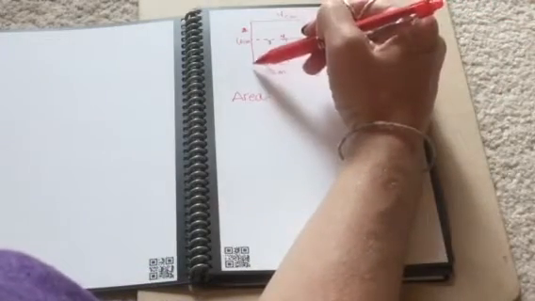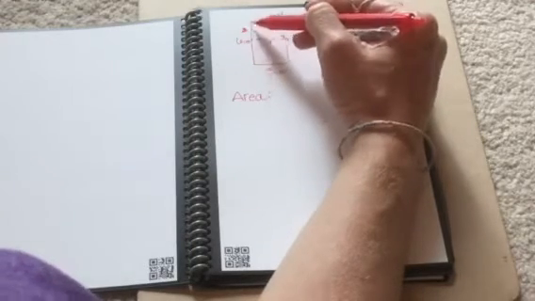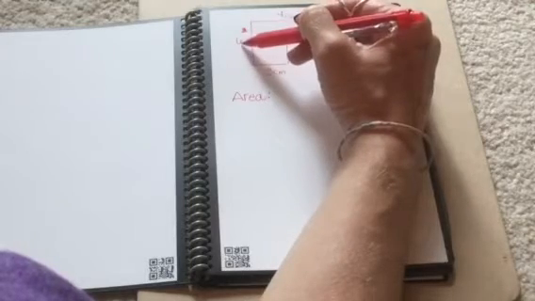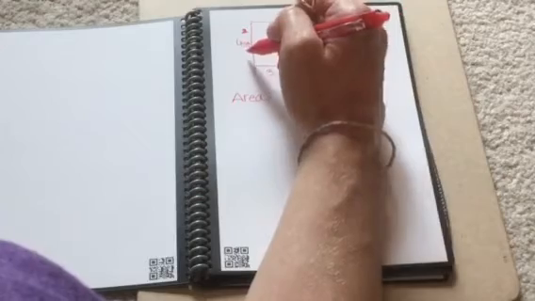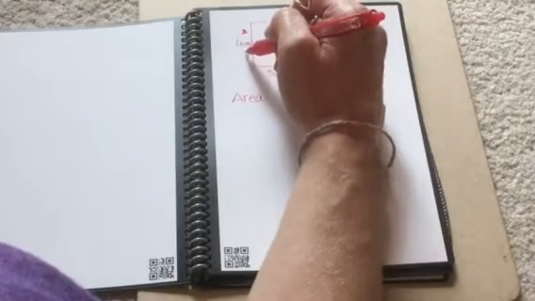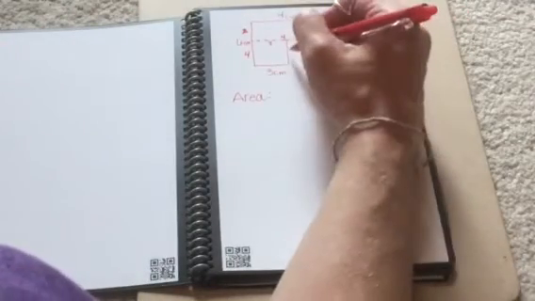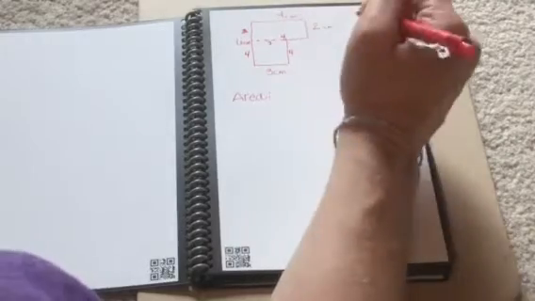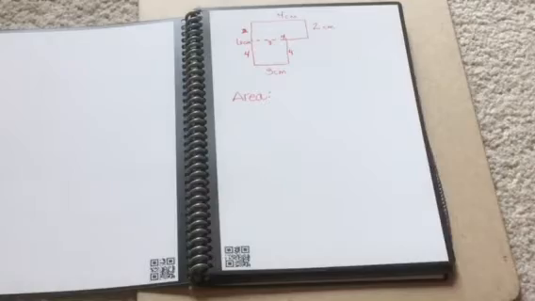I have a full length of 6, and I took 2 away, so that should give me what's left over. So if this is 6 and I took away 2, that's 4. 6 take away 2, this 2 section, that gave me 4. Well, if this is a 4, then this side is also a 4. Awesome. Okay, now we can do our area.